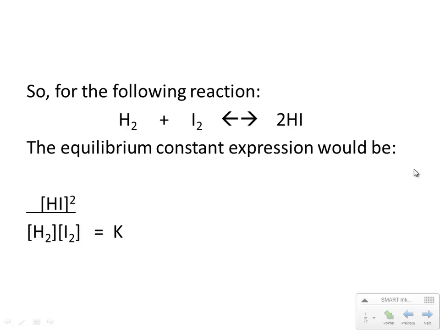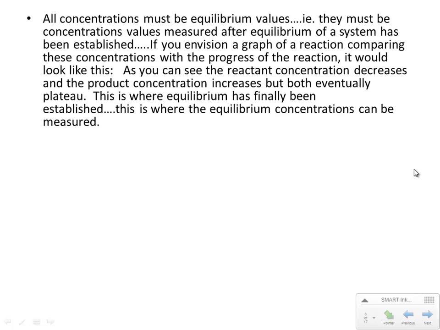All right, some important rules about calculating the equilibrium constant are as follows. First of all, concentrations must be equilibrium values, which means they must be values that are measured after the system reaches equilibrium. If you envision a graph of a reaction comparing these concentrations, you would have something like this. At the start of the reaction, you have primarily reactants.